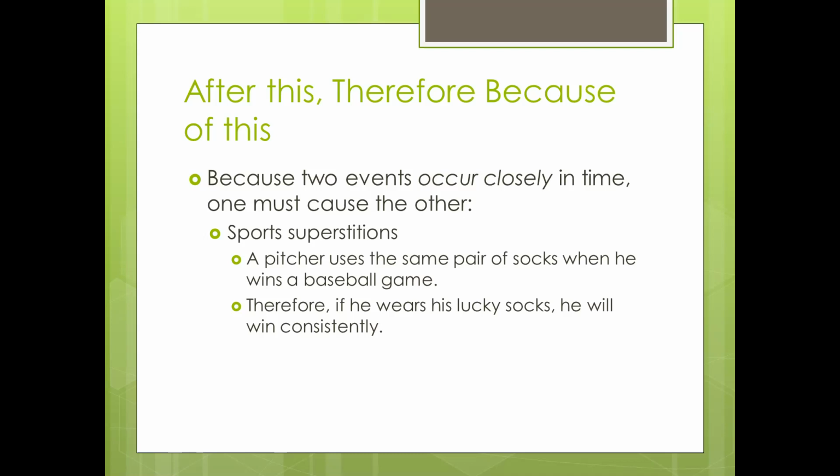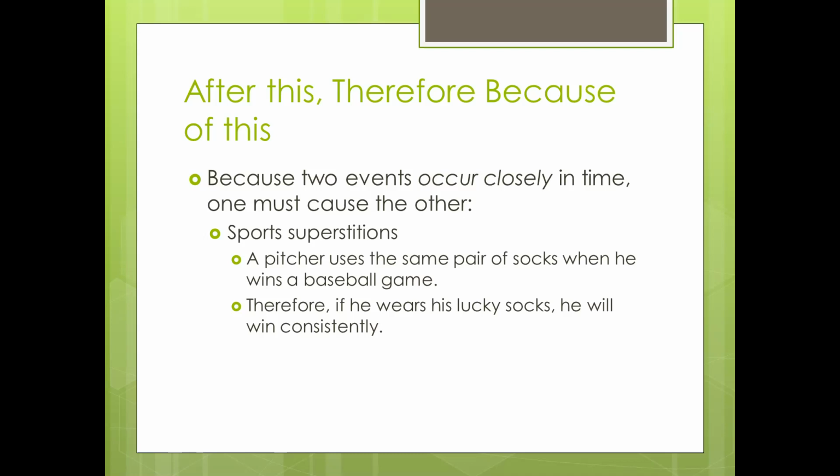This is best illustrated, I think, by sports-related superstitions. Imagine a pitcher wears the same pair of socks 2 games in a row and wins both games. The logical fallacy would be that, therefore, these socks are lucky, and if he continues to wear them, he will win consistently.